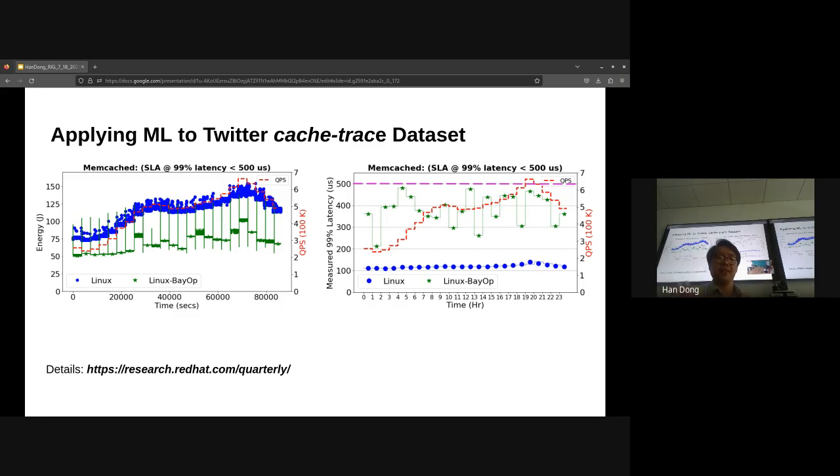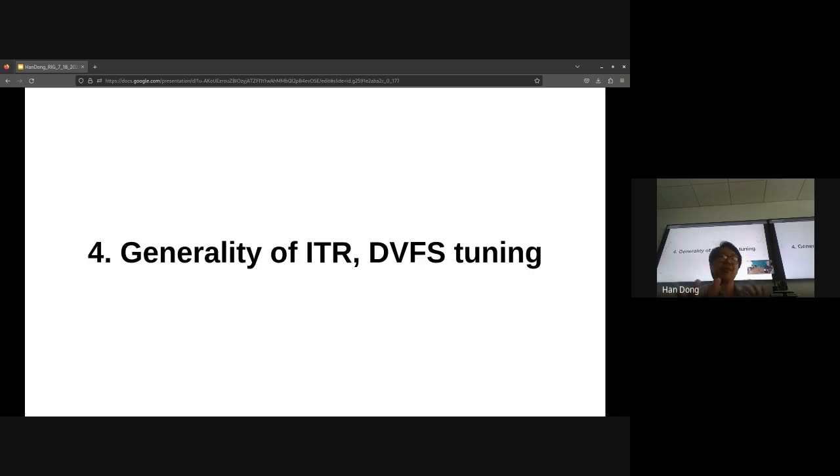That's where the next part of this work comes in: we're trying to prove that this is very general, because all sorts of hardware provide an interrupt coalescing mechanism, and all sorts of CPUs provide some sort of dynamic voltage frequency scaling.